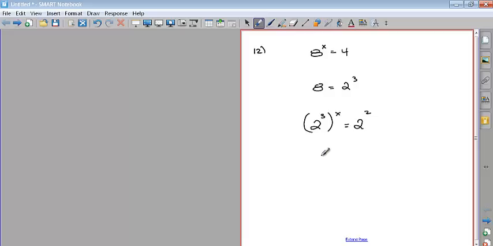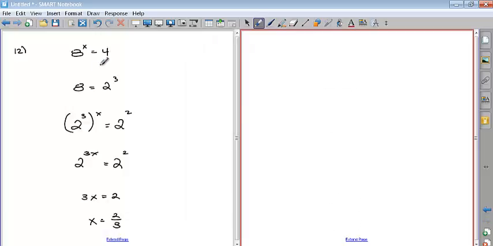Then you can multiply the exponents together, so you get 2 to the 3x is equal to 2 to the second power. Once you have the same base, you can set the exponents equal to each other and solve for x. You get x is 2/3.